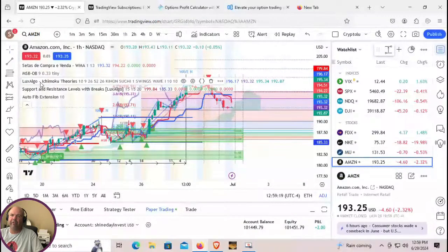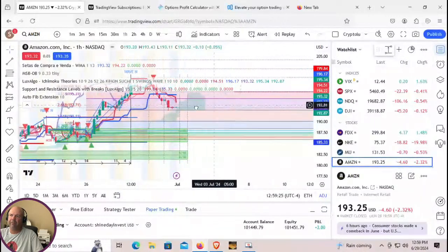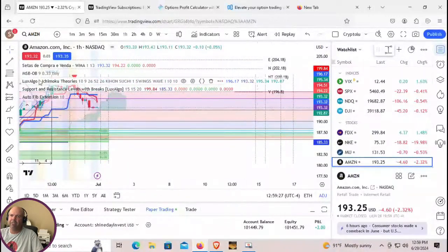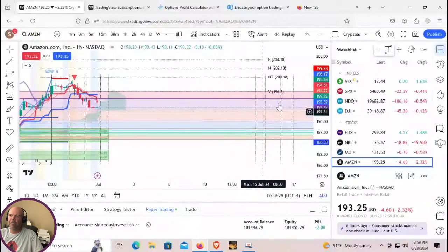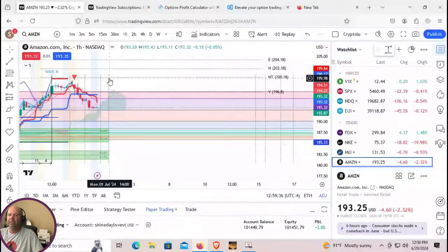Then I have the LuxAlgo Ichimoku. Right now I'm still in the testing phase. We have these prices over here, which look like some type of targets. And the 200 was NET.